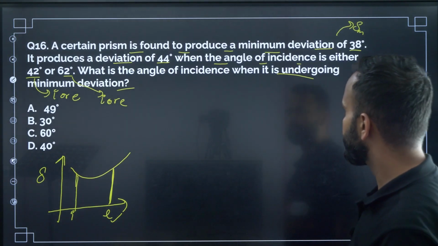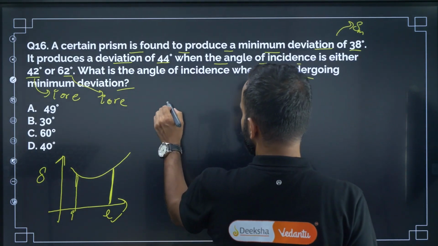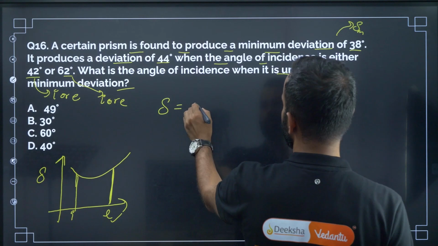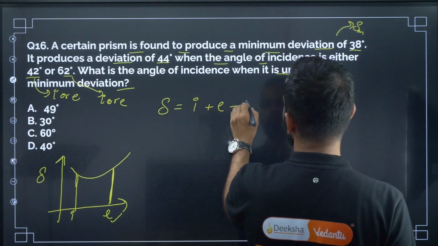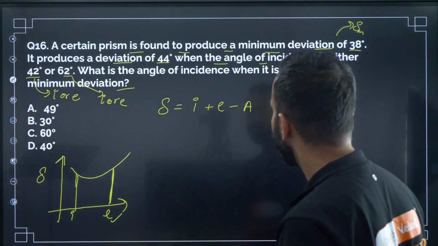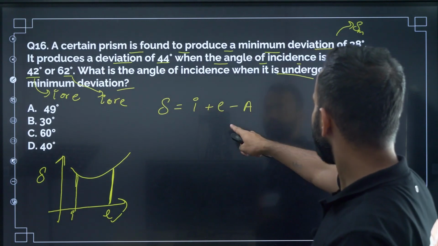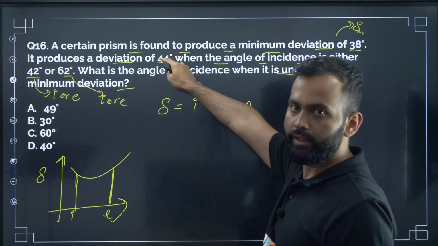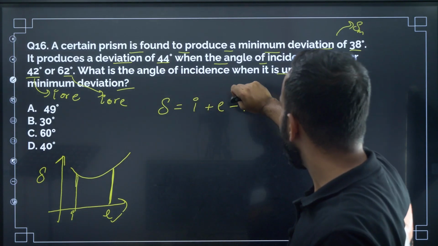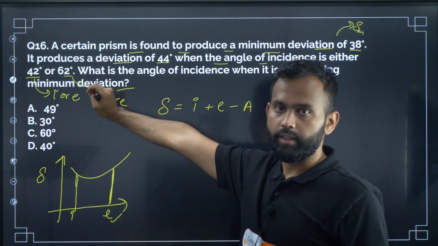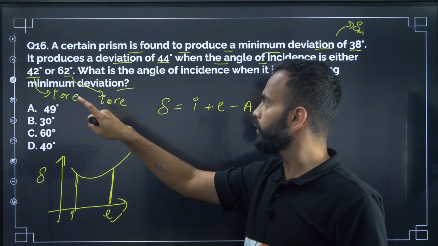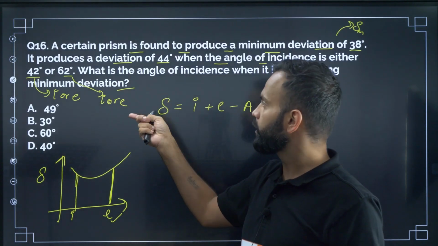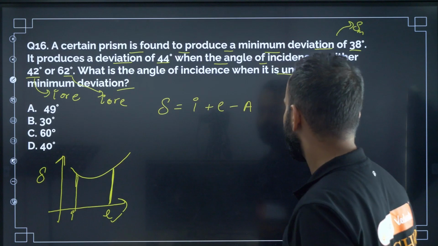Angle of deviation delta is equal to I plus E minus A, right? Angle of deviation is given. Angle of incidence and angle of emergence are also given, either 42 degree or 62 degree.